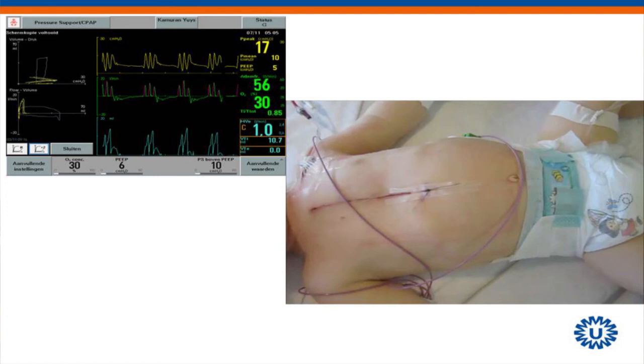And you see what happened? The machine was auto-triggering, not on a trigger from the patient, but on his heartbeat.